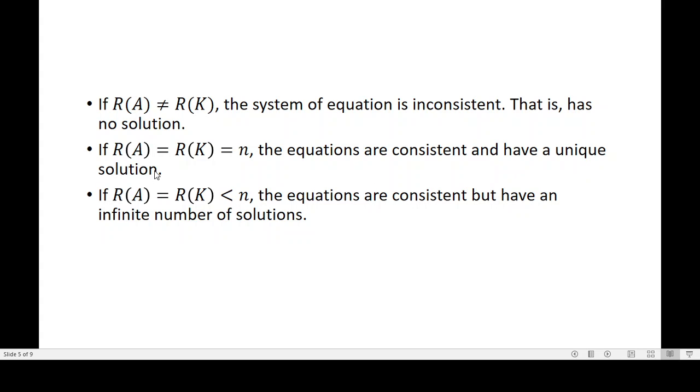If R of A is equal to R of K is less than n, the equations are consistent but have an infinite number of solutions. How to find the rank? We use elementary transformations, that is, elementary row operations or elementary column operations.